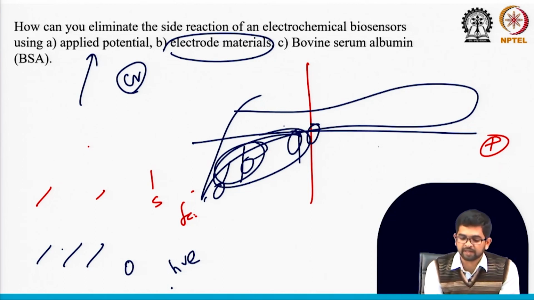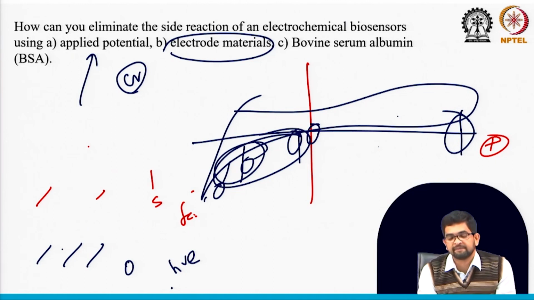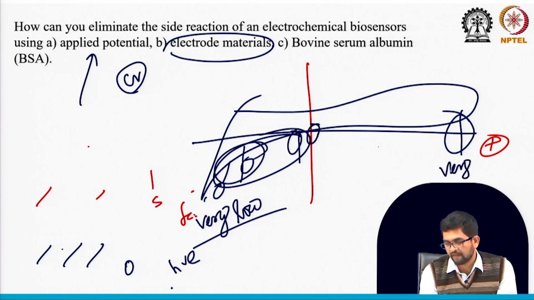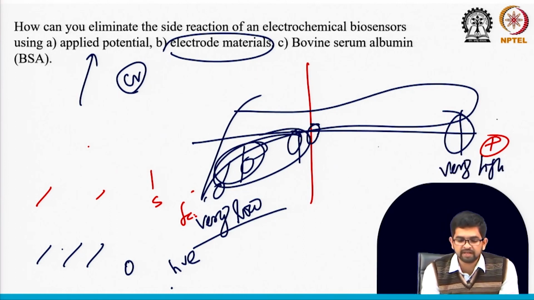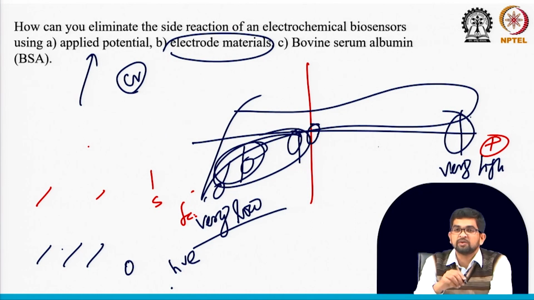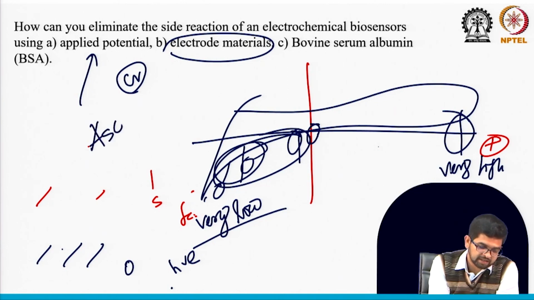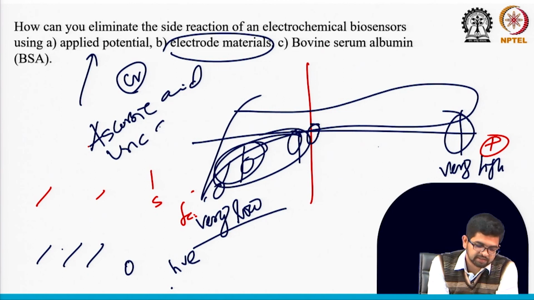Also, another factor may come in. Don't choose a very low potential, and also not a very high one. If you apply a very high potential, then you have to think that your real sample may contain different interfering species, like, as I said, ascorbic acid or uric acid.